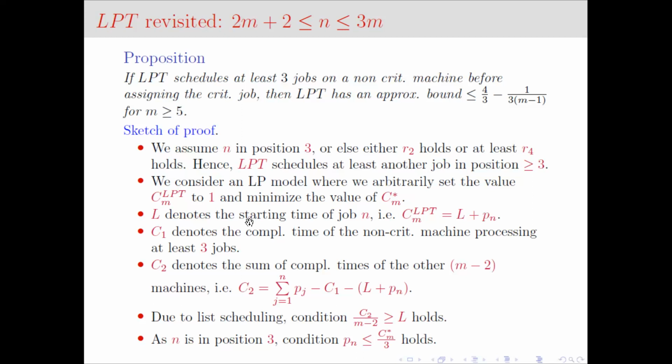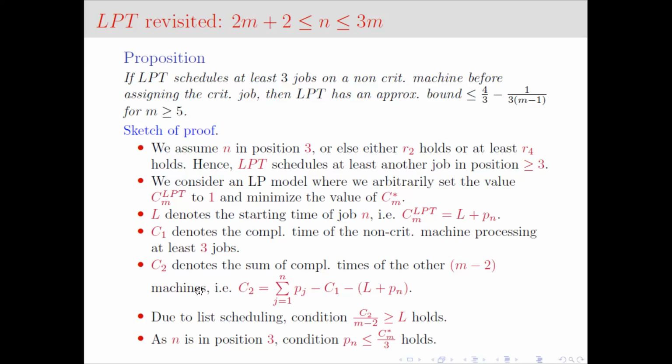Let's say that there is some given starting time of job n, and so let's denote by capital L the starting time of the critical job, so that the value of the completion time of LPT is given by L plus the processing time of the critical job. Let's introduce 2 further variables. C1, that is the completion time of the non-critical machine, which has at least 3 jobs.